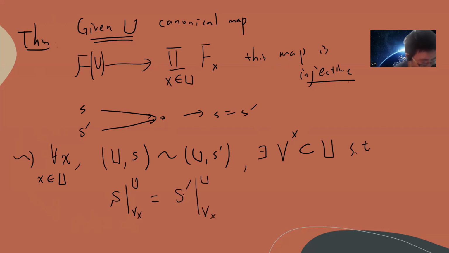But we know that U is the union of the B_x. This means the two sections agree on each open set of the cover.